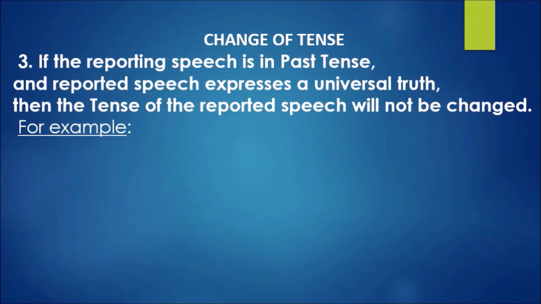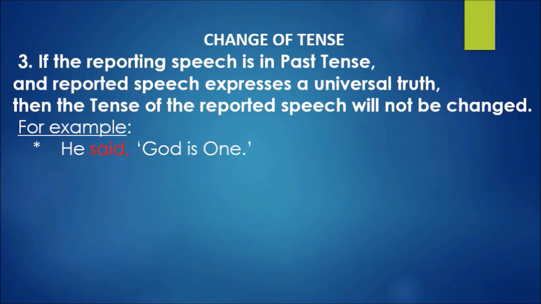The third point under the heading of change of tense is, if the reporting speech is in past tense and reported speech expresses a universal truth, then the tense of the reported speech will not be changed. For example, he said, "God is one."